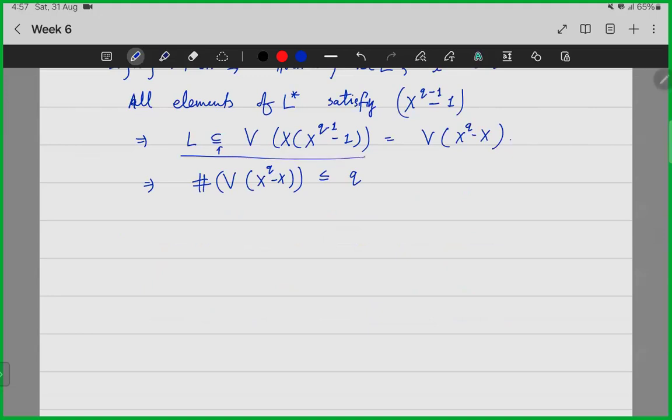But what does this inclusion imply? The inclusion implies that q, which is the order of L, is at most the order of the zero set of x to the q minus x, but this is also less than or equal to q. All of them should be equal, right?